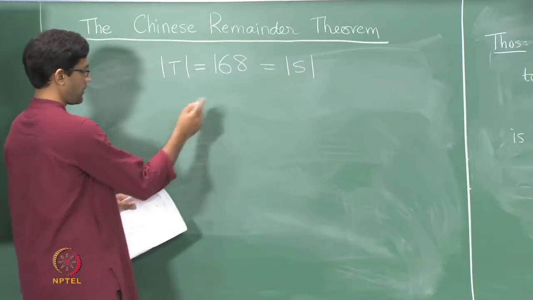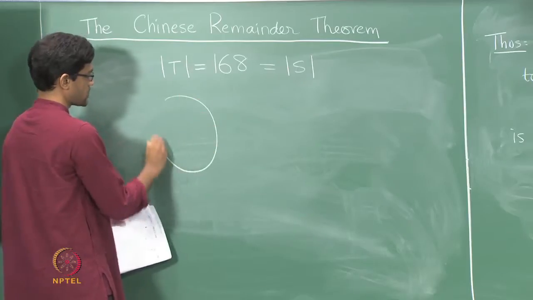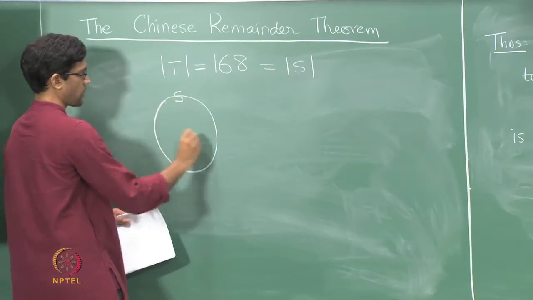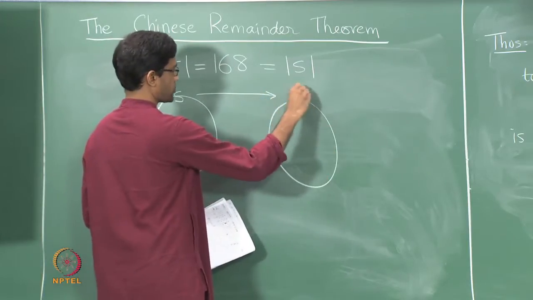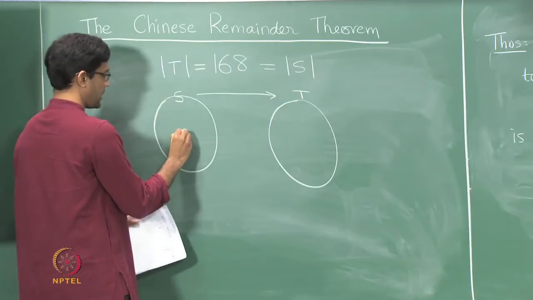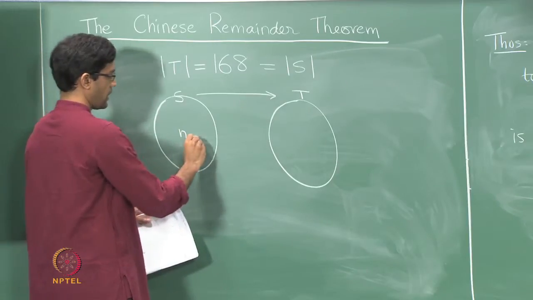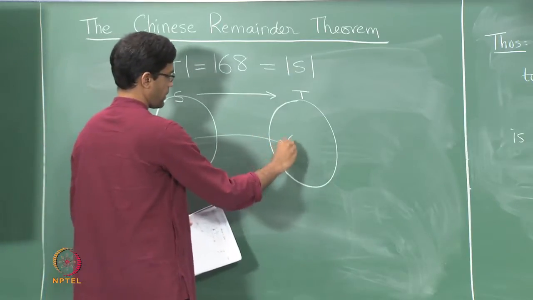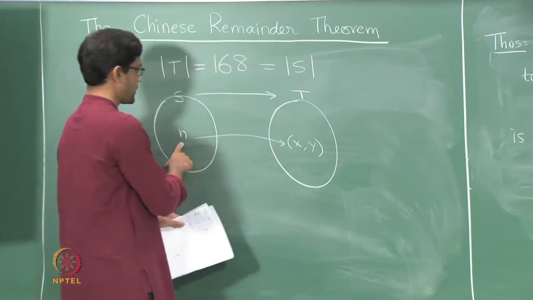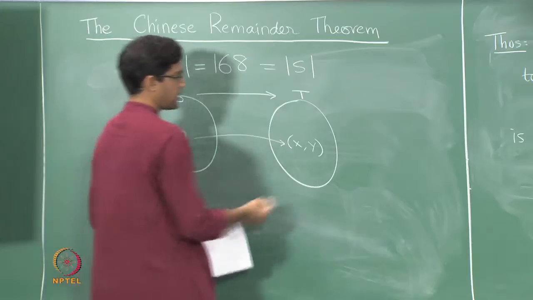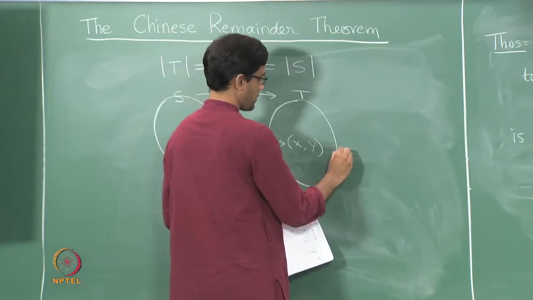And now what we are doing here by means of this table or this encoding that I'm just talking about is defining a map. So here's the encoding map, if you wish, which is doing the following. It's taking any number between 1 and 168 and encoding it by a pair of numbers x and y, where x is the remainder that you get on division by 8, and y is the remainder that you get on division by 21.